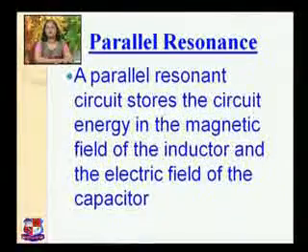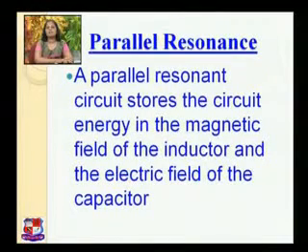A parallel resonant circuit stores the circuit energy in the magnetic field of the inductor and the electric field of the capacitor. As we know, inductor and capacitor have a characteristic to store energy. The inductor opposes the instantaneous change of current, while a capacitor opposes the instantaneous change of voltage. So they store energy and supply the energy whenever required.